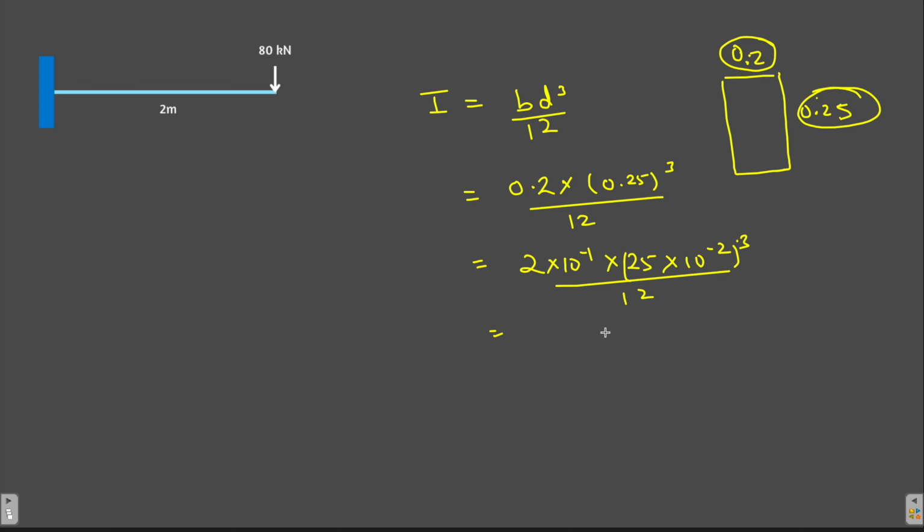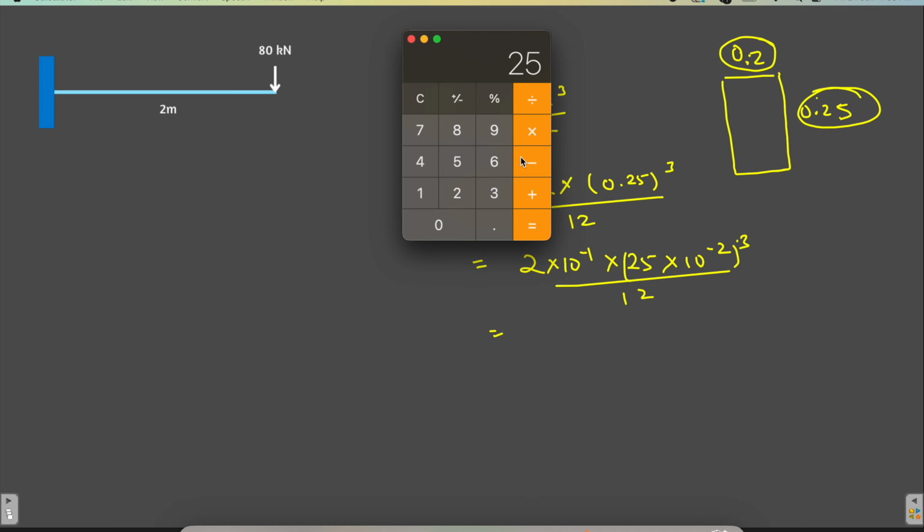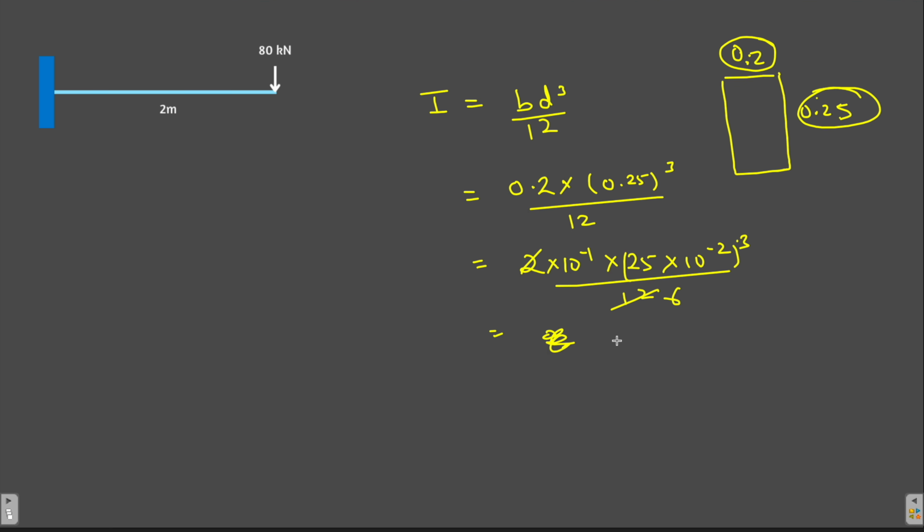So what is 25 whole cube? 25 into 25 into 25 will give you 15625. So it is 15625 into 10 to the power minus 6 into 10 to the power minus 1 by 6.